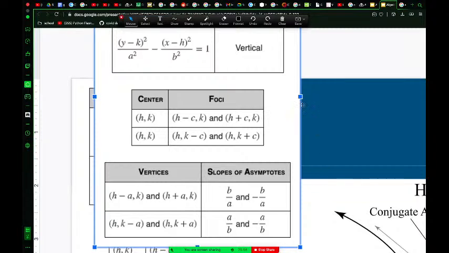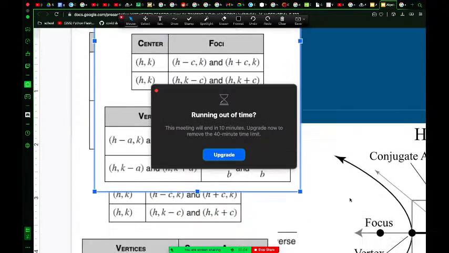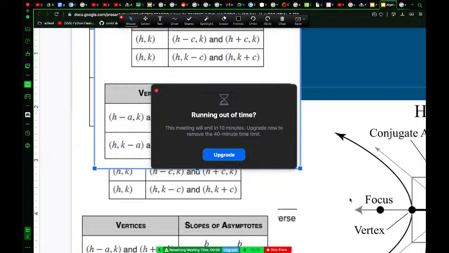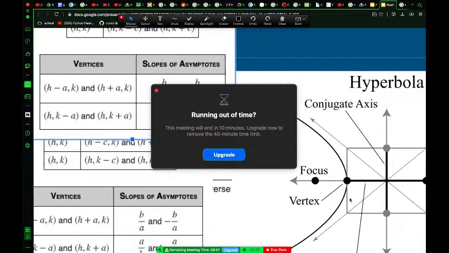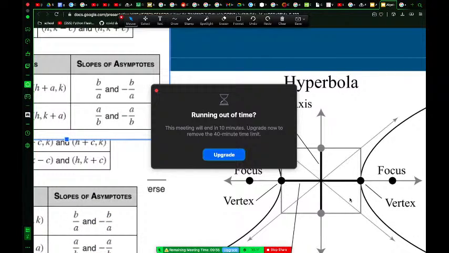The transverse axis is the axis going through the foci, and it's like this axis.